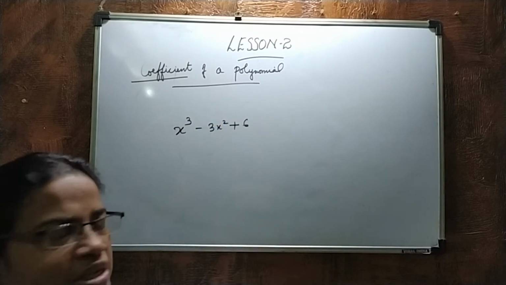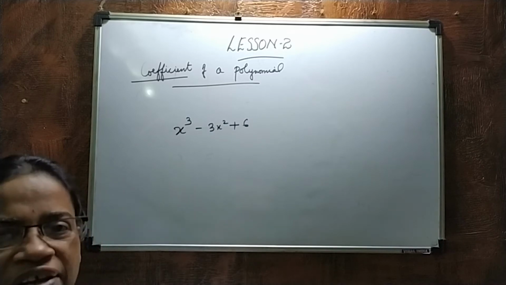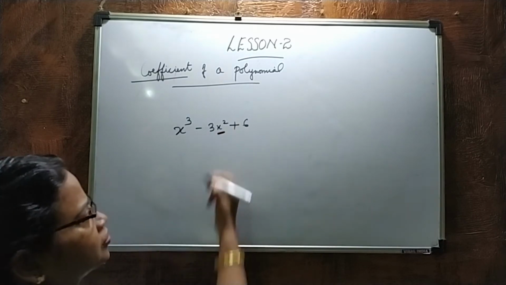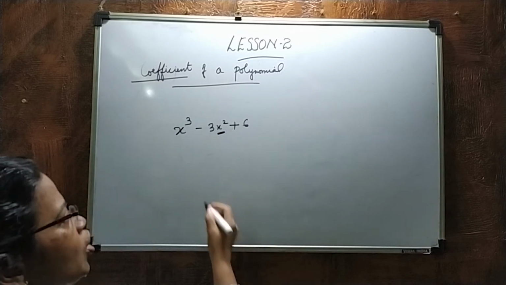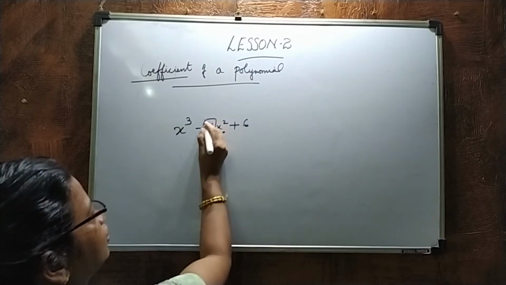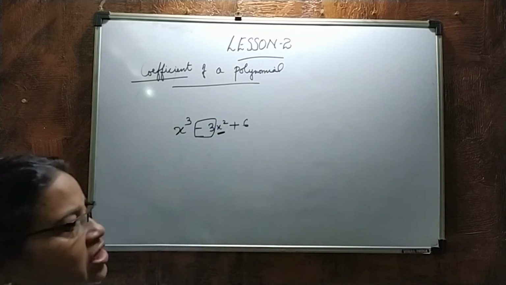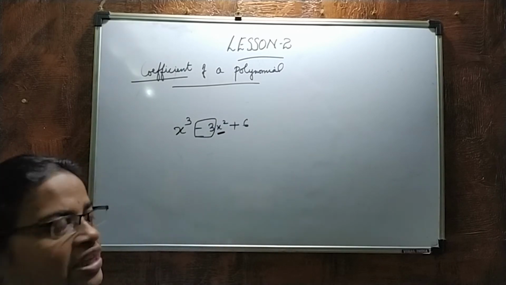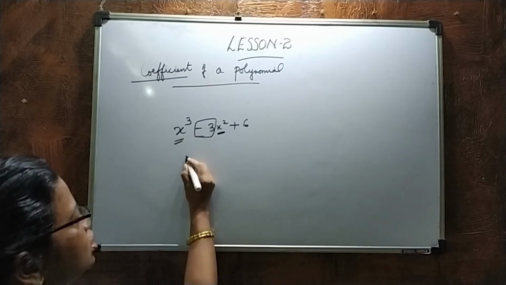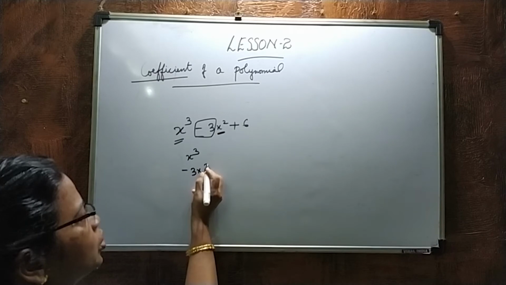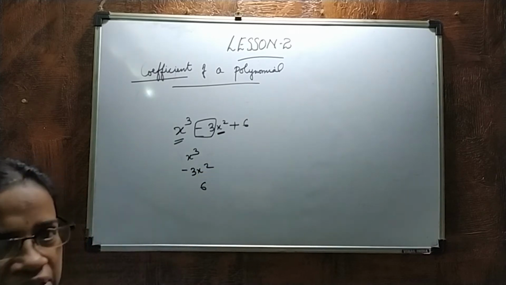So suppose I am asking about the coefficient of x square. Just look, here this is the x square and the coefficient is negative 3. The terms are: x cube is a term, then the second term is negative 3x square, and 6 is the third term.